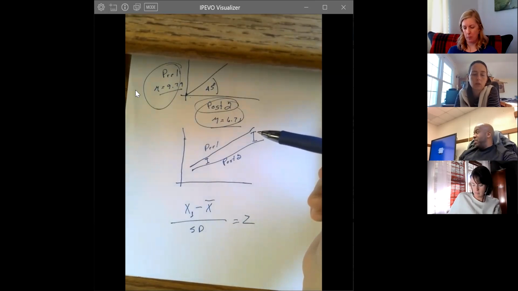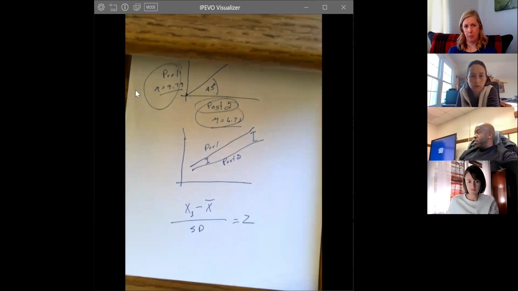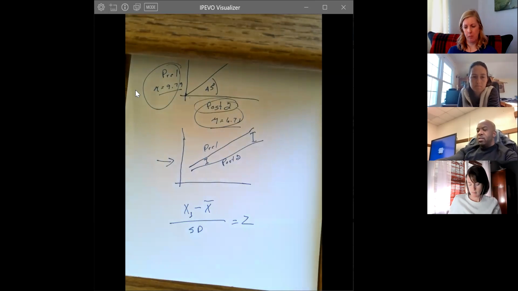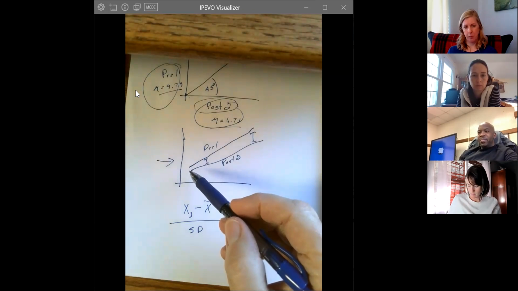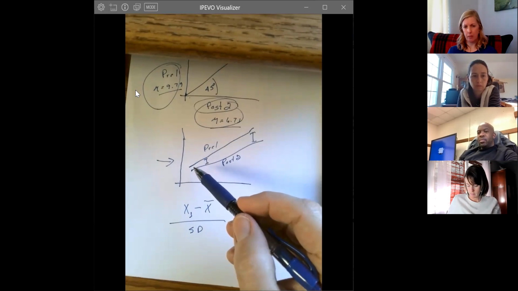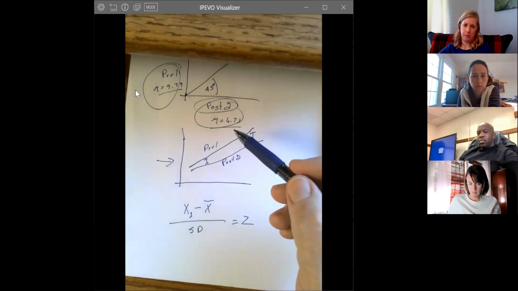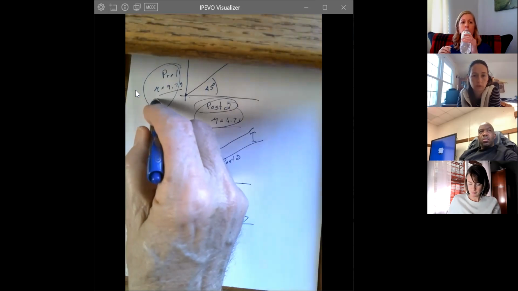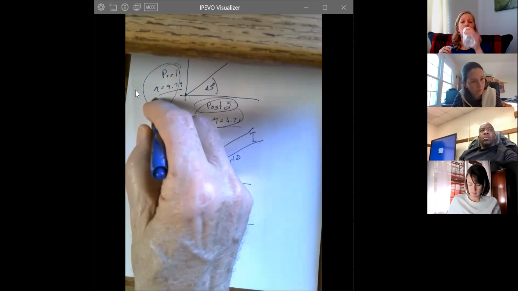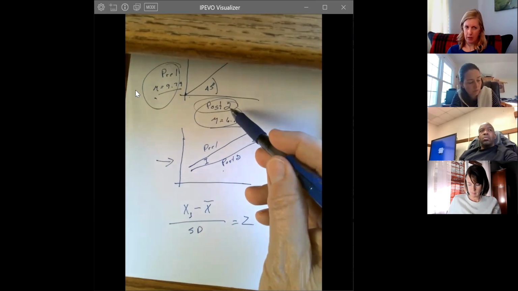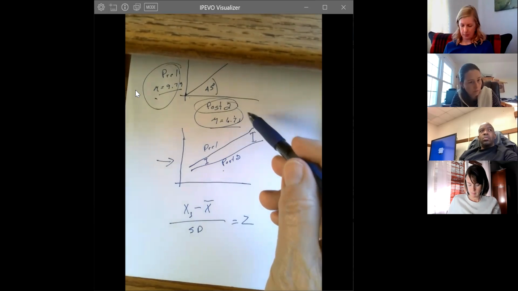So on the second graph that you drew, what would be the values of your X and your Y? Well, on this one, we would do two lines, one using the mean and the standard deviation of pre-1 as our conversion, and the second line using the mean and the standard deviation of post-2 for our conversion.